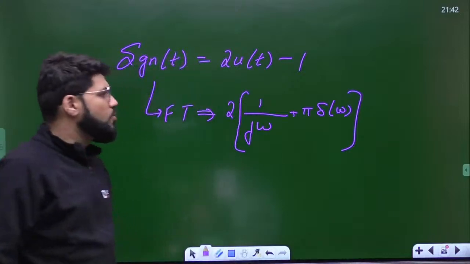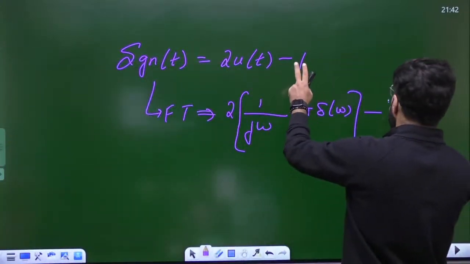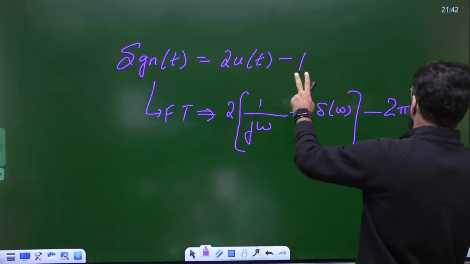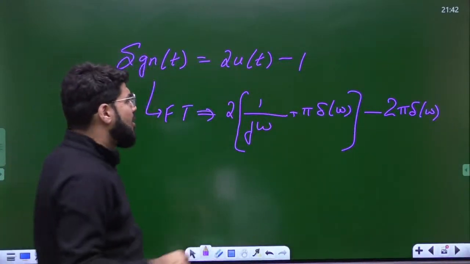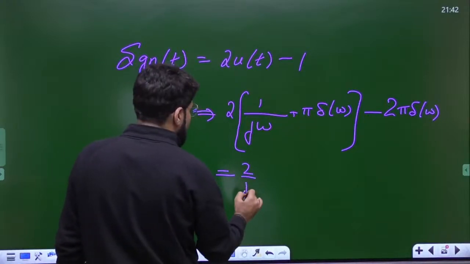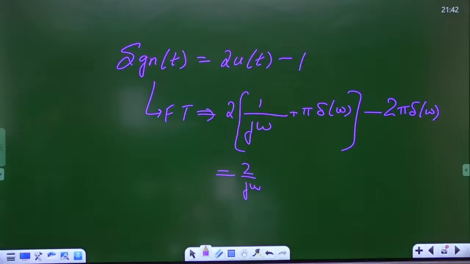Fourier transform of step you know, 1/(jω) + πδ(ω), and take the Fourier transform on both sides. So what is the Fourier transform of 1? Don't write 1. Fourier transform of 1 is 2πδ(ω). Now when you open it, you get 2/(jω), because the 2πδ(ω) minus 2πδ(ω) cancels. Okay?